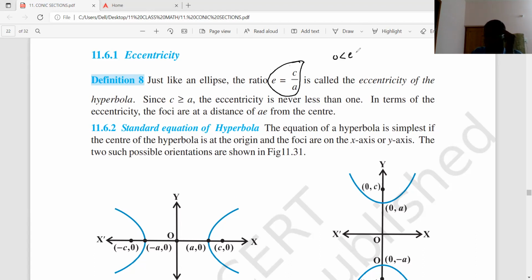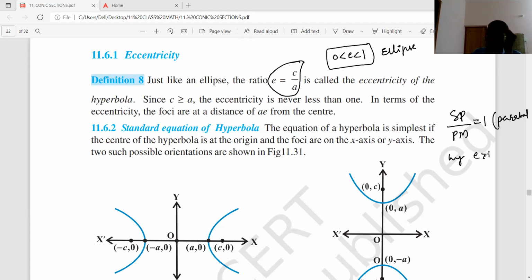If E is between 0 and 1, then it becomes an ellipse. This E value is SP by PM. For a parabola, E is 1. Ellipse lies between 0 and 1. Hyperbola E value is greater than 1.